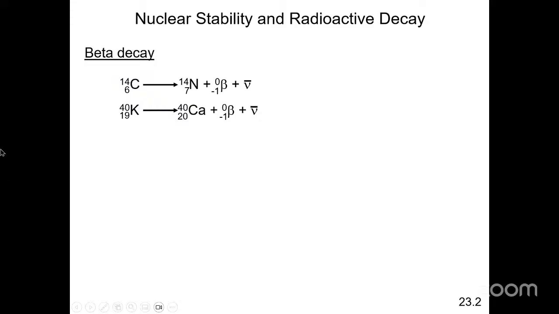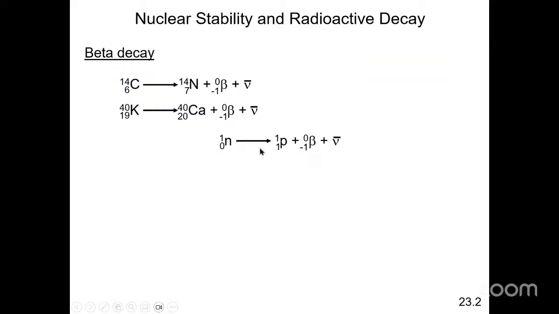All right. Here's another example. Potassium-40, when it undergoes beta decay, forms calcium-40. All right. So what is actually happening in the nucleus when this happens? Well, what actually happens in each case is that a neutron in the nucleus is converted to a proton and a beta particle, right?